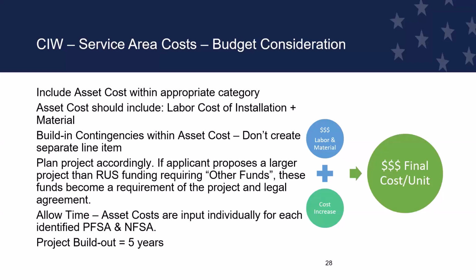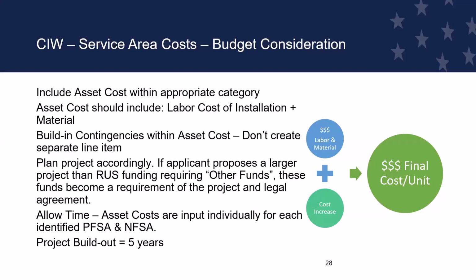Remember when you're looking at the budget and your service area costs, it should all be within an appropriate category. Your asset cost should be the labor and cost of installation plus the material. Don't create separate line items for contingencies. Those are built into the final cost.